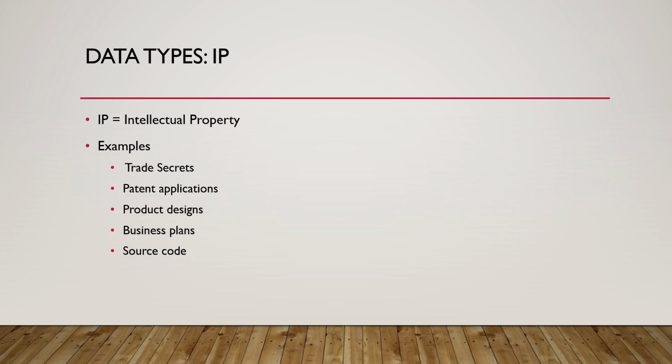Our next type is going to be intellectual property. Intellectual property refers to proprietary information, and it's normally owned by a company or an individual.